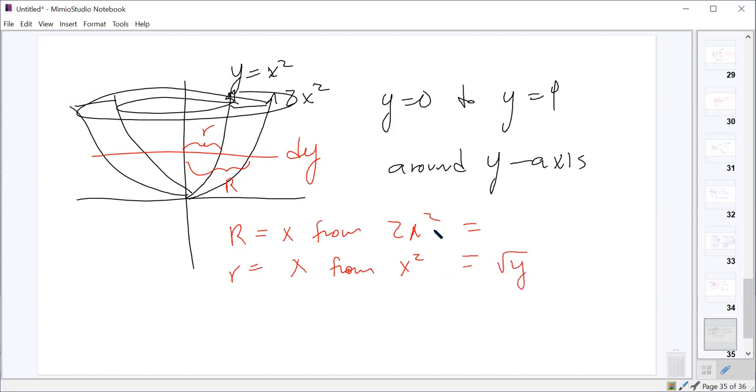For y equals 2x squared, that would be the square root of y over 2. And so we set it up as pi times our outer radius squared minus our inner radius squared dy, from whatever your limits happen to be that I gave you. Everybody good with that?